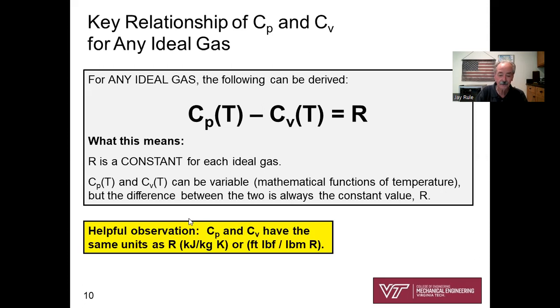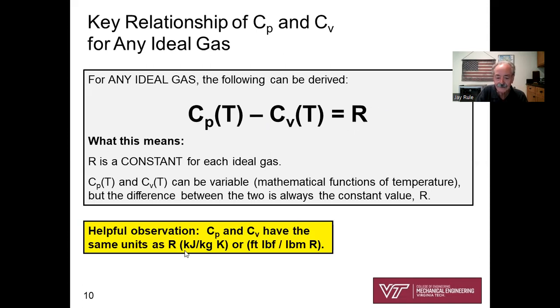So the big conclusion is that CP and CV can be variable. They can be formulas, functions of temperature. Subtract CV from CP, and you still get a constant. Now, one more note for this slide. When you see this equation, you should know the units of R. What are the units of R?